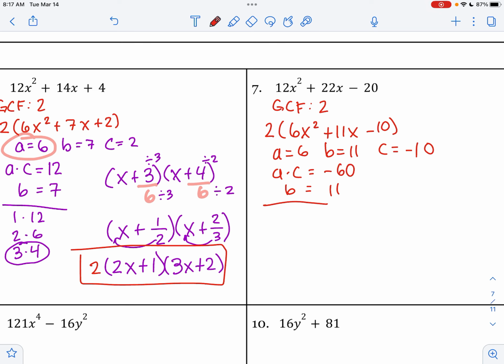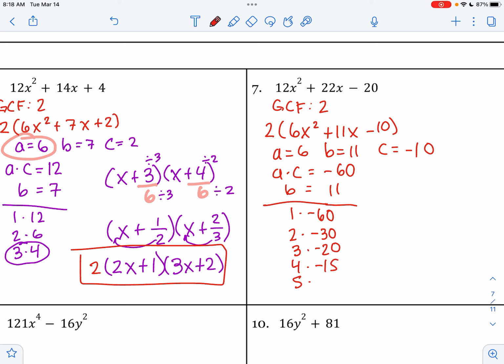So now we're going to divide. So again, you don't have to list out all the factors, but if you're still struggling with this, I would take negative 60 in your calculator and divide by 1. So that's negative 60. And then negative 60 in your calculator divided by 2, negative 30. Divided by 3 would be negative 20. Negative 60 divided by 4 is negative 15.